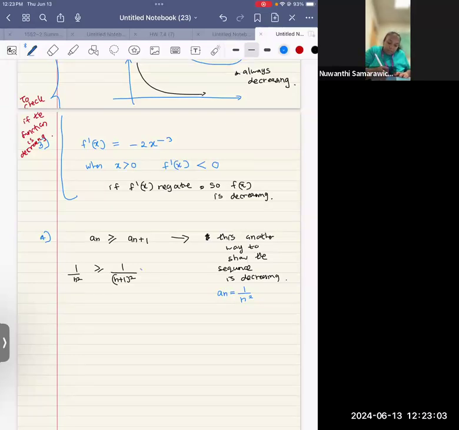Multiply both sides by (n plus 1) squared so that this gets cancelled. Then on the left-hand side we have (n plus 1) squared over n squared greater than or equal to 1. Then multiply by n squared on both sides, so (n plus 1) squared is greater than or equal to n squared.